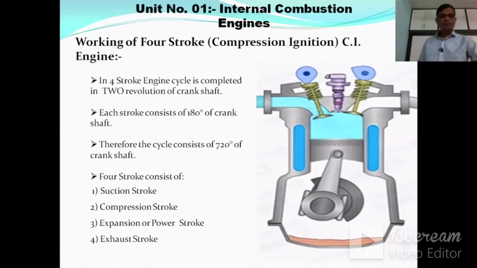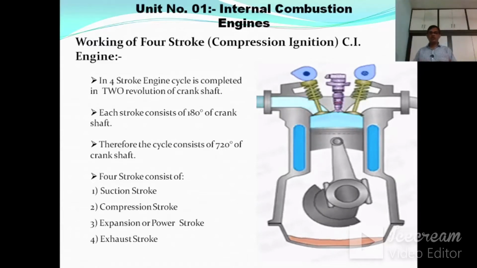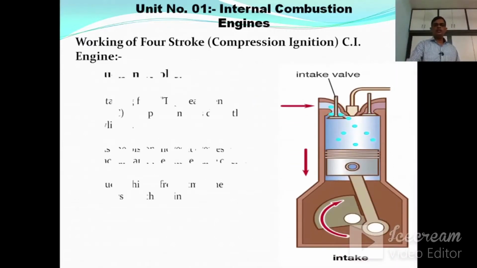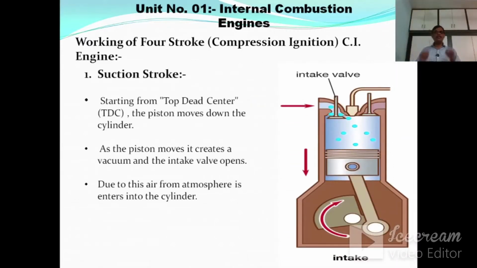Now we can see these 4 strokes one by one. The first stroke is the suction stroke. What exactly happens in the suction stroke? The piston moves from top dead center to bottom dead center, and a vacuum is created.